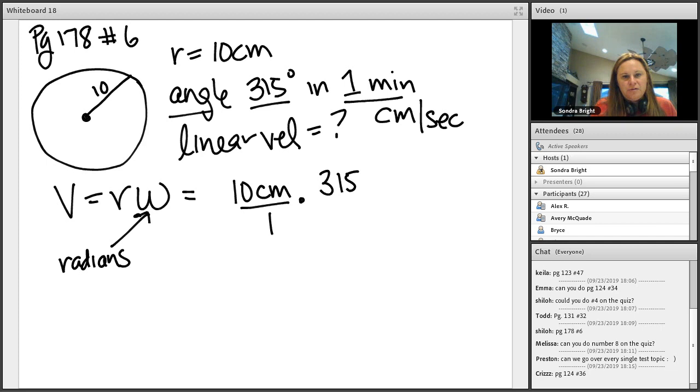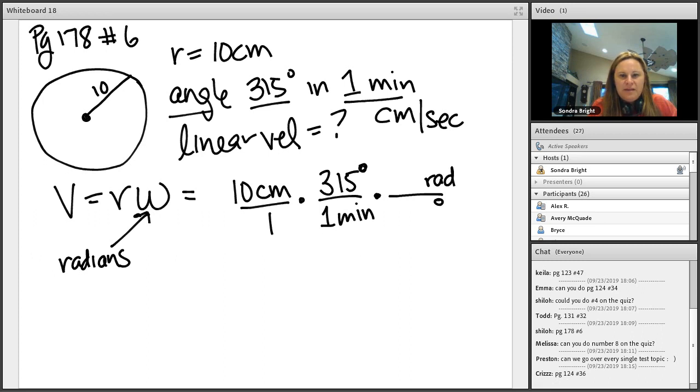But you've got to change this degrees to radians. One thing is the fact that it's centimeter degrees per minute, which doesn't make any sense. And remember, radians is dimensionless. So you got to do a conversion of changing the degrees to radians. Since I've got degrees on the top up here, then I need degrees on the bottom, and then I'll have radians up top.